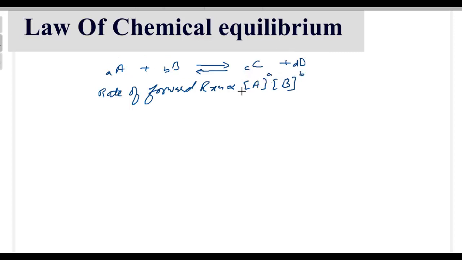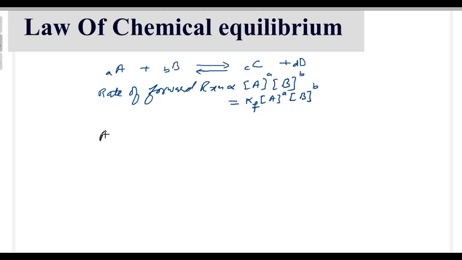So the rate of the forward reaction will be equal to the rate constant Kf for the forward reaction times the concentration of A to the power a, and B to the power b.